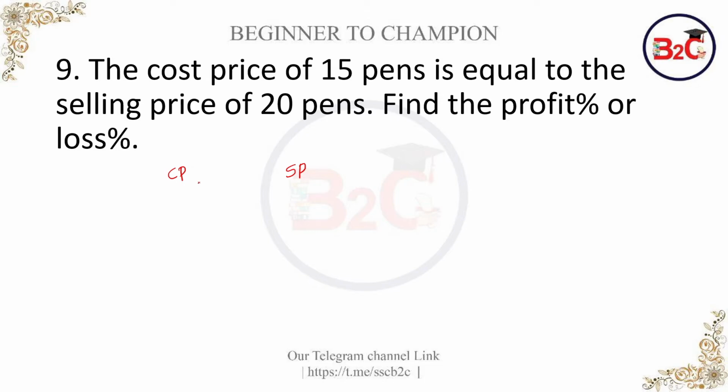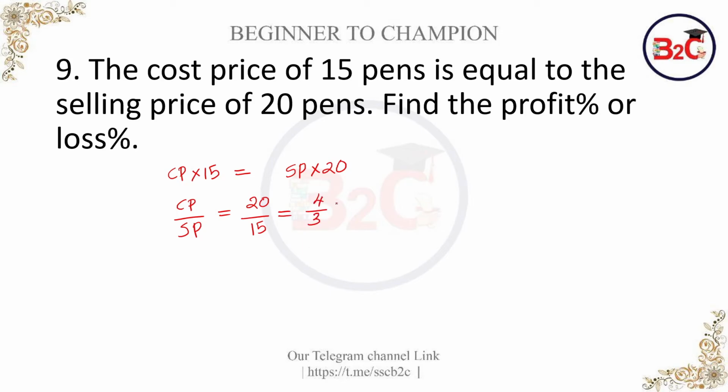Now the cost price of 15 equals the selling price of 20. So CP into 15 is equal to SP into 20. Then we get CP by SP equal to 20 by 15, which is 4 by 3.